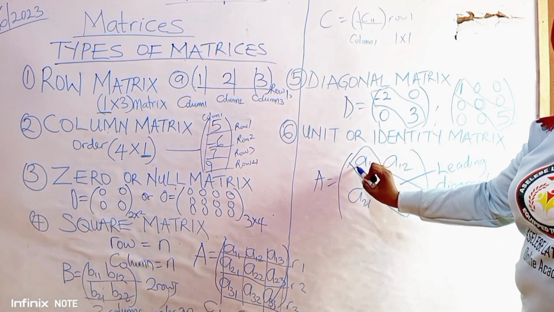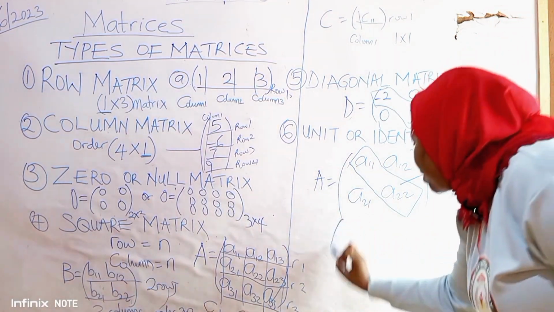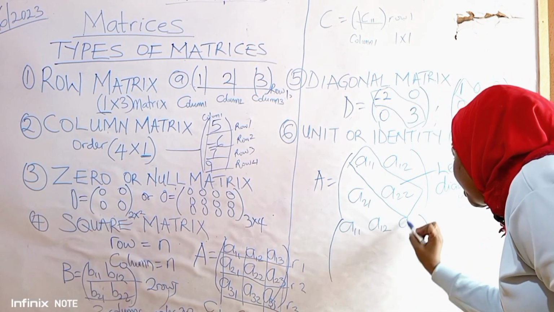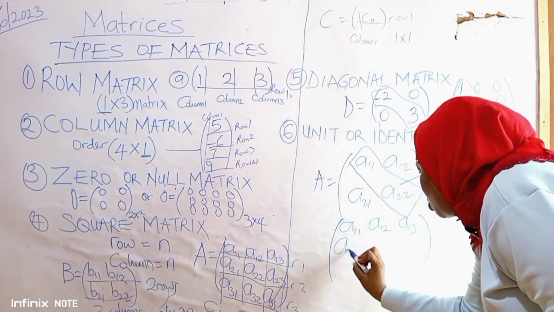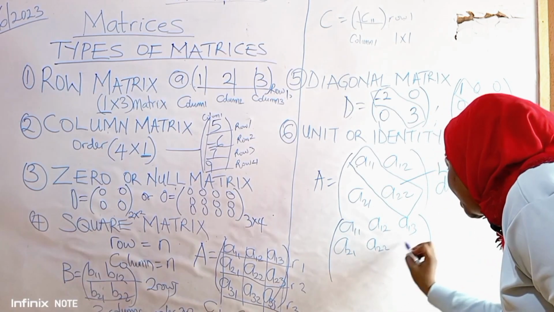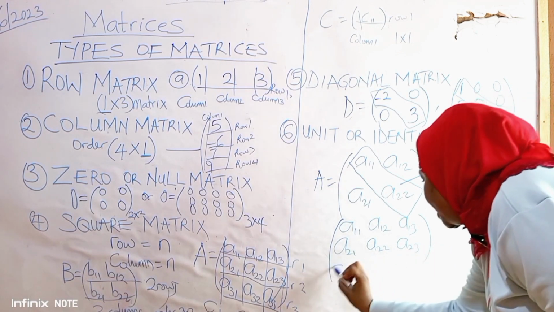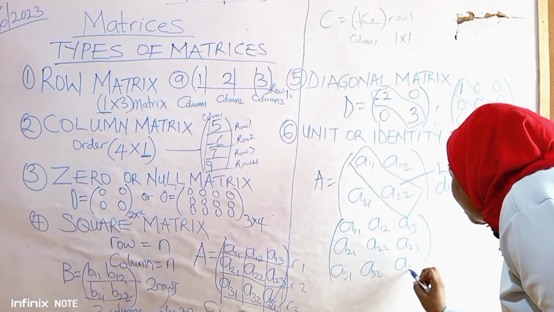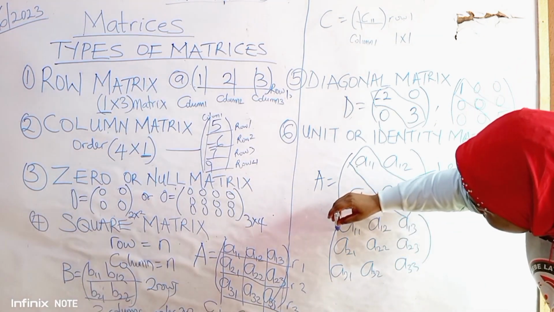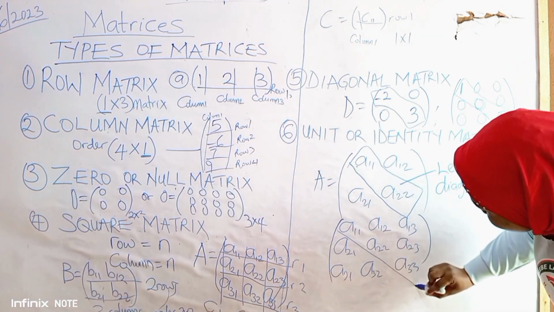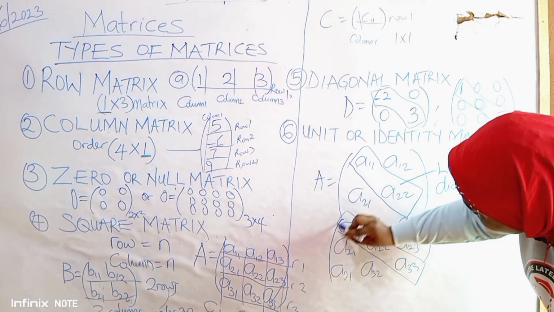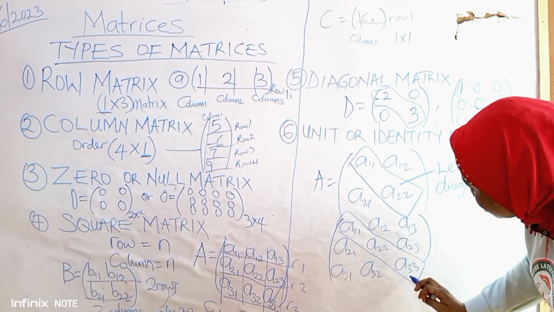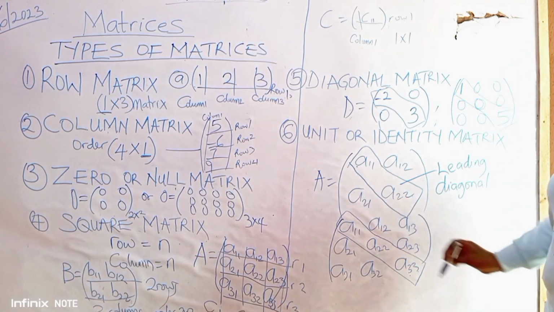If it is 3 by 3, we have A11, A12, A13, A21, A22, A23, A31, A32, A33. So the leading diagonal will be here. You can see where the row and column are the same, row and column are the same. So that's the leading diagonal.